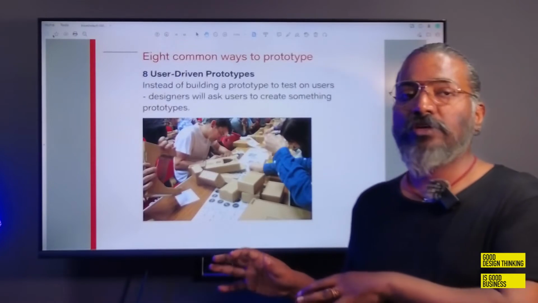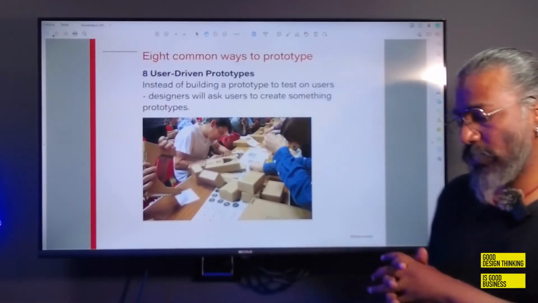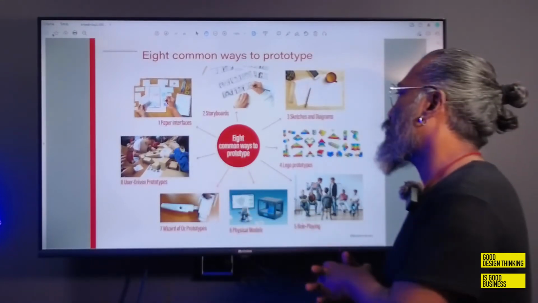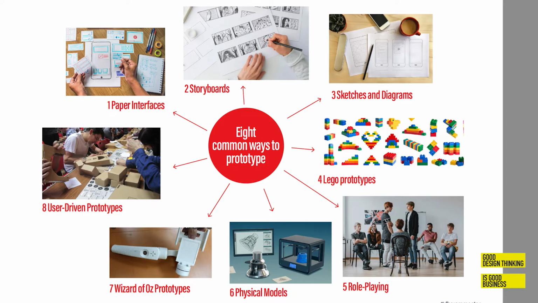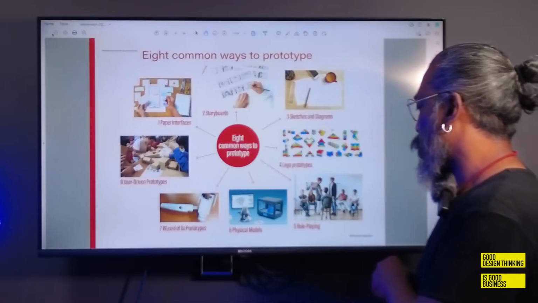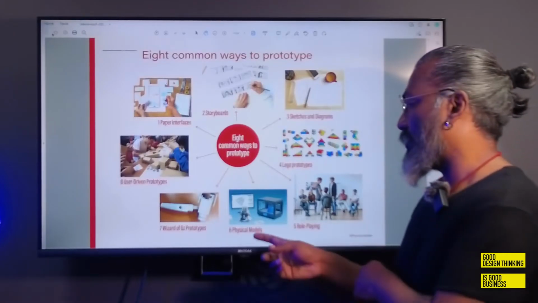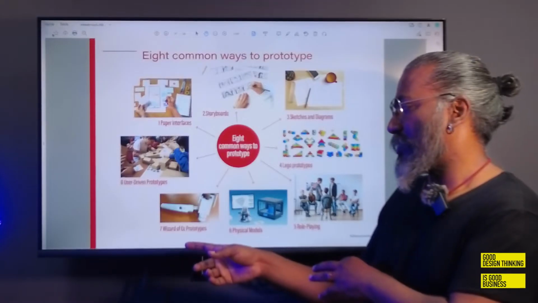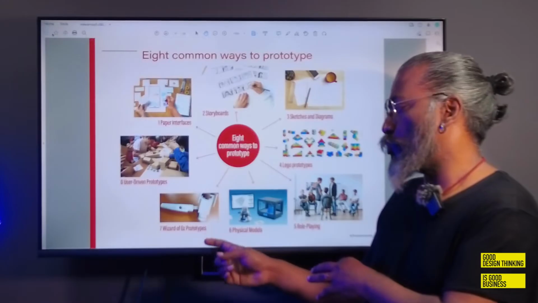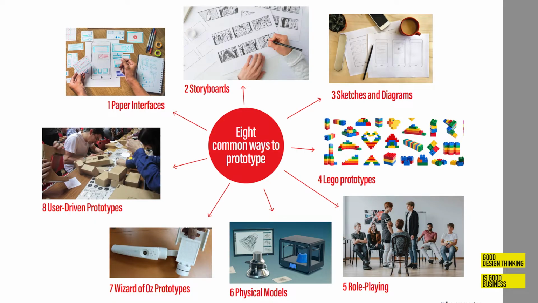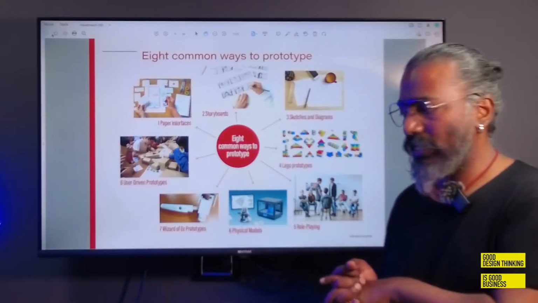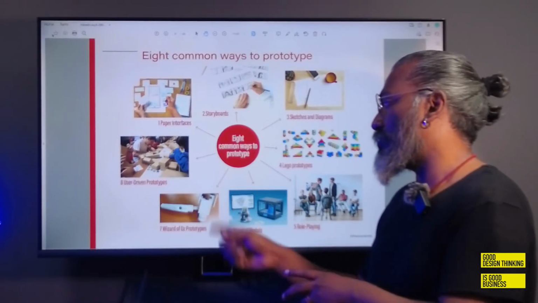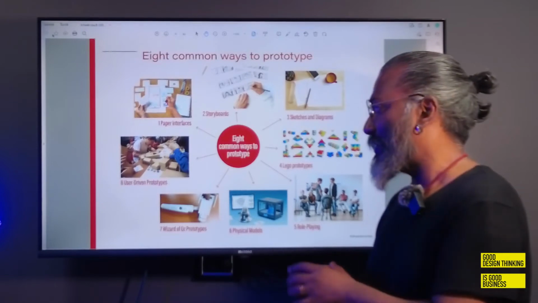to create something, and that could be prototypes. So likewise, the paper interface, storyboard, sketch and diagram, Lego, and role play, and a physical model using a 3D printer, and Wizard of Oz, a prototype which looks like the final product in its size and everything, but those buttons and functionalities are fake.